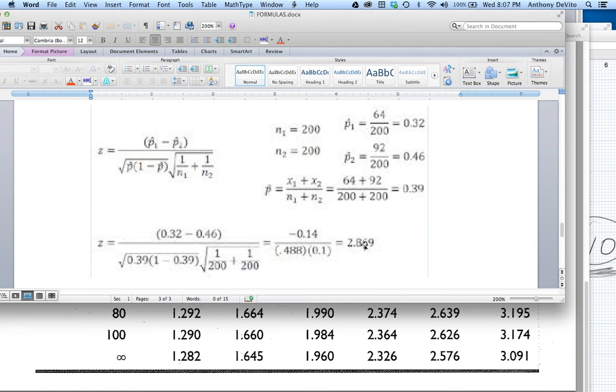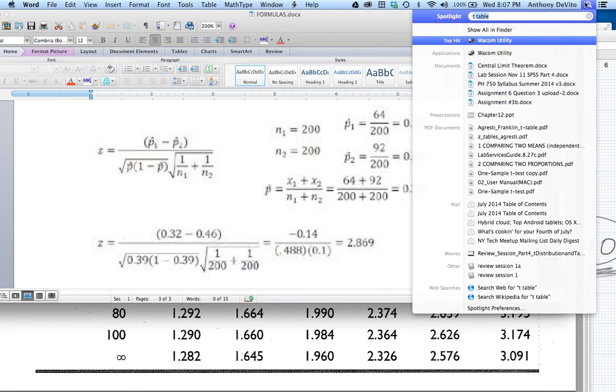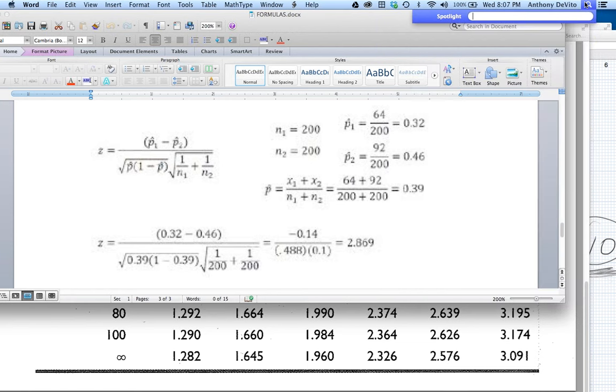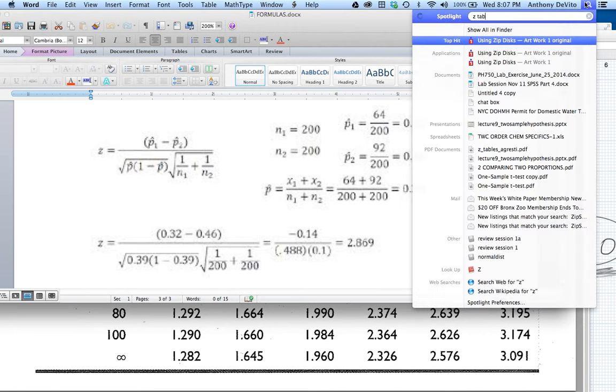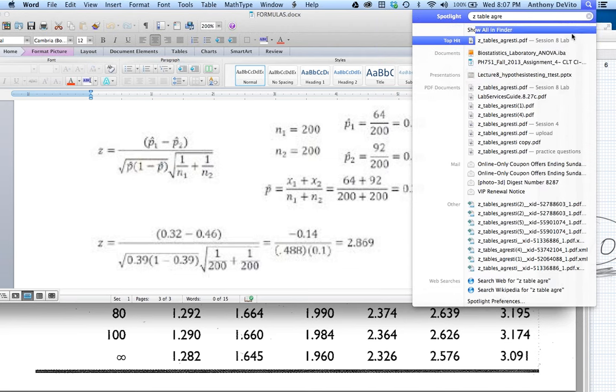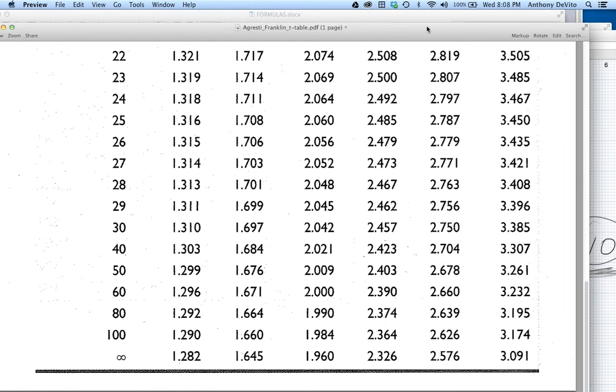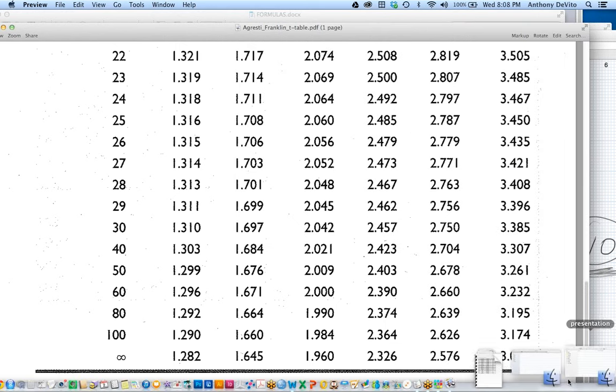Our main advantage here is that we can go to the z table, not the x table, the z table. The x table was Mulder and Scully, right? Let's see. Z table, Agresti. Here we go. Okay, we can go to our z table. Back here somewhere.